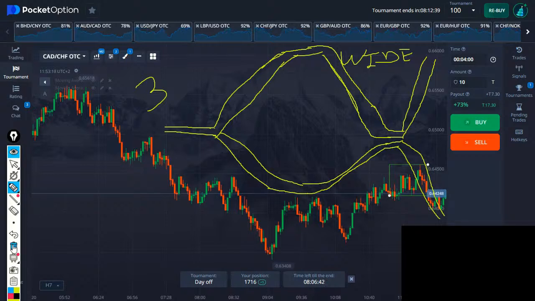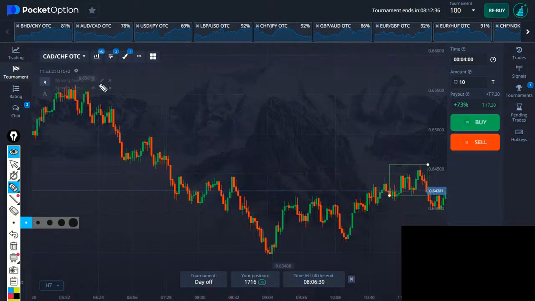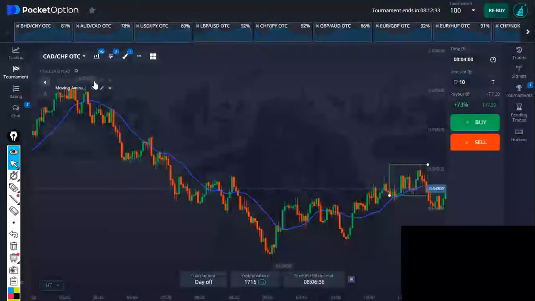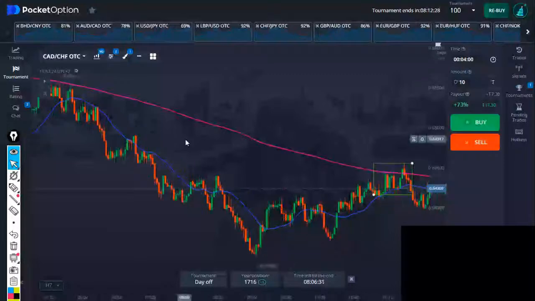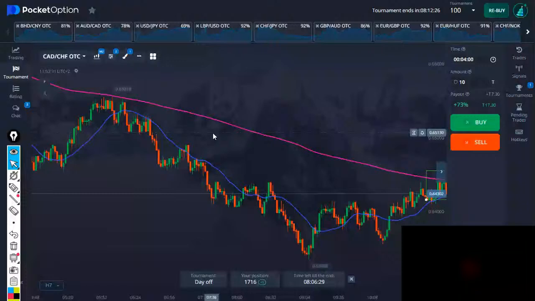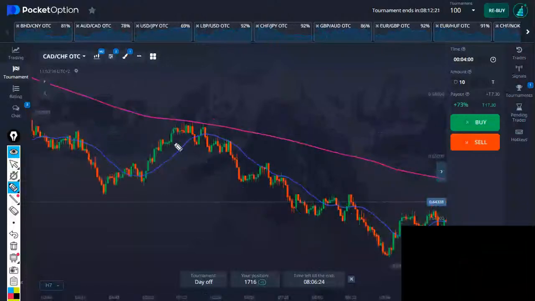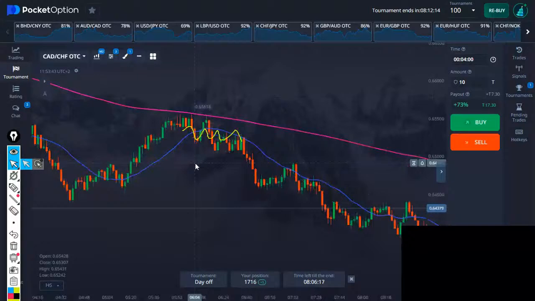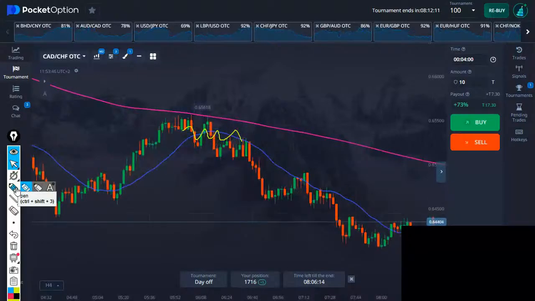Okay, since we got the basics done, let's add again the 200 moving average and the 20 moving average. So to show you on the chart, what do I mean by narrow and wide state? It happened over here. So here you had yourself a narrow state, price moving sideways. You had your moving averages very close to each other.